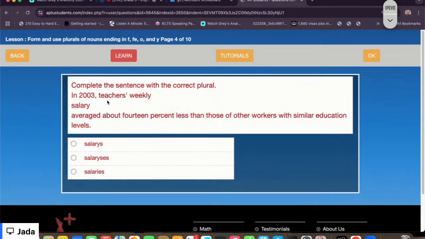So in 2003, teachers' weekly salary averaged about 13% less than those of other workers with similar education level.